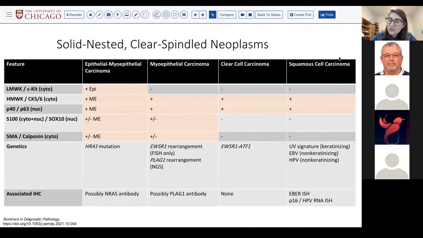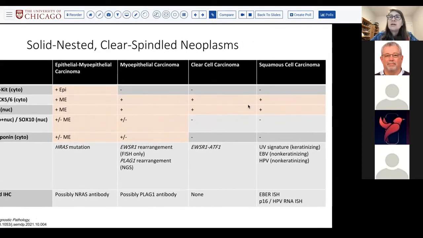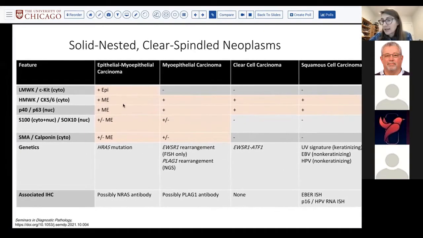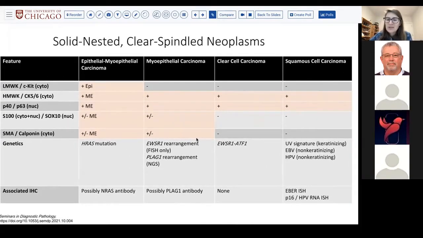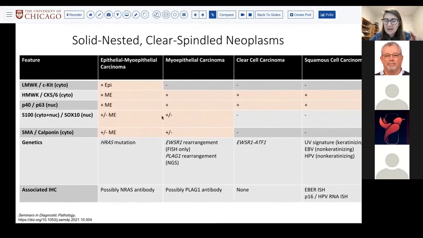We haven't gotten into the non-squamous types of carcinomas, like clear cell carcinoma of salivary gland, for example. I will caution, if you have a carcinoma that is diffusely strongly P63 and high molecular weight keratin positive, like we talked about, that's maybe not a mucoepidermoid, that doesn't have any duct-like structures, so isn't an epithelial-myoepithelial carcinoma, that doesn't express any of the myoepithelial markers like SMA, S100 that you might see in a myoepithelial carcinoma.